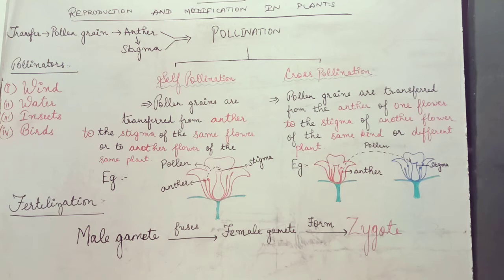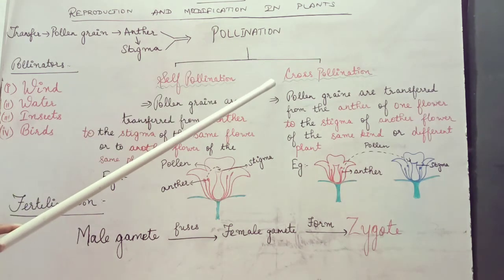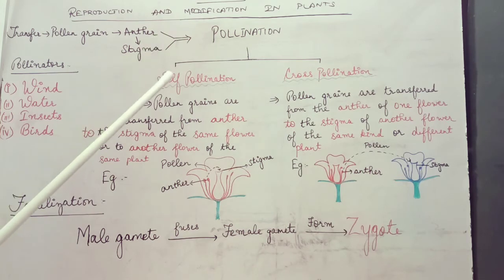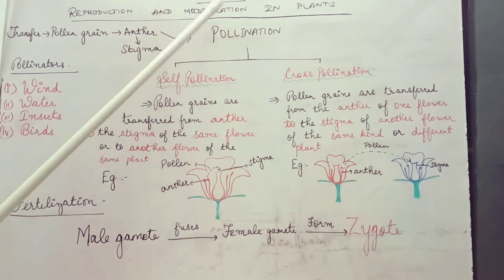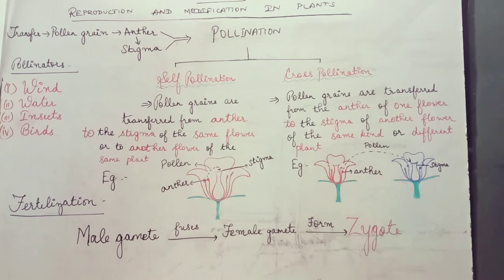Next, we will see about the types of pollination. First one is self-pollination. Second one is cross-pollination. In self-pollination, pollen grains are transferred from the anther to the stigma of the same flower or to another flower of the same plant.